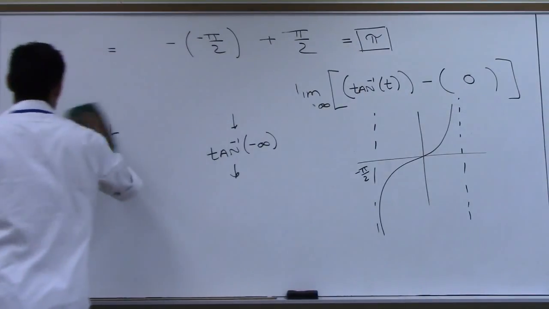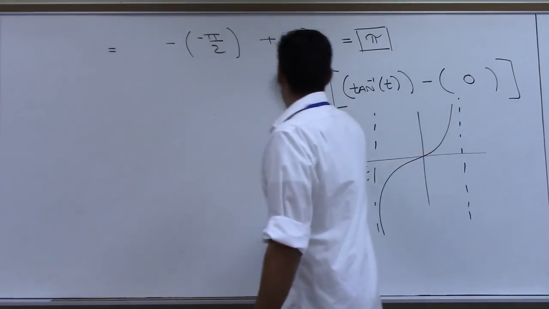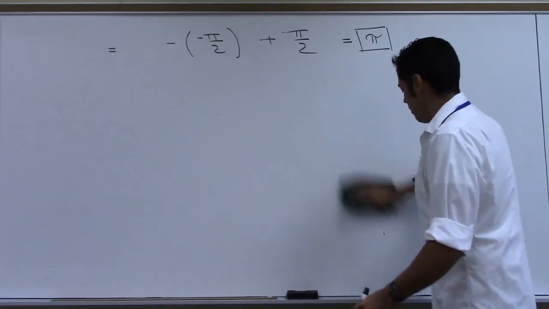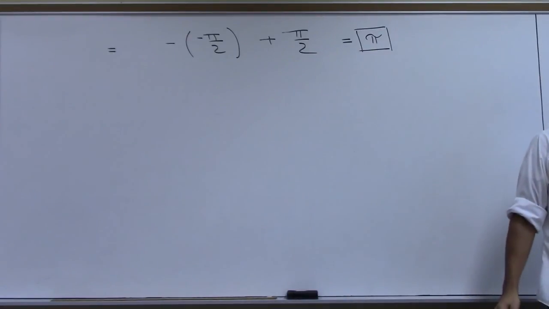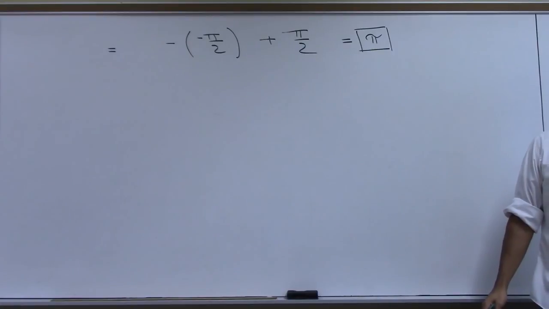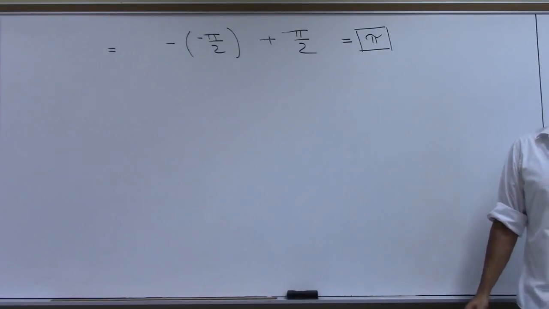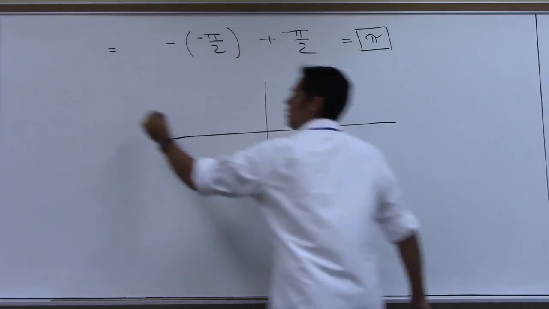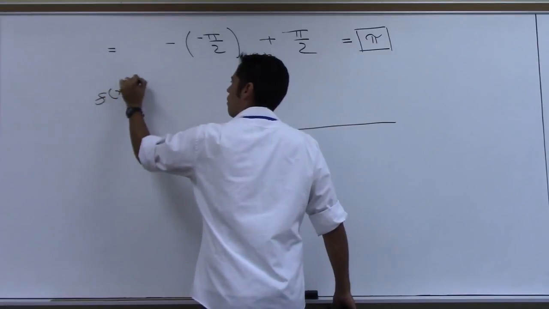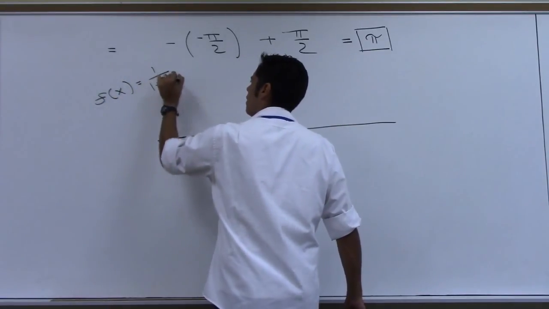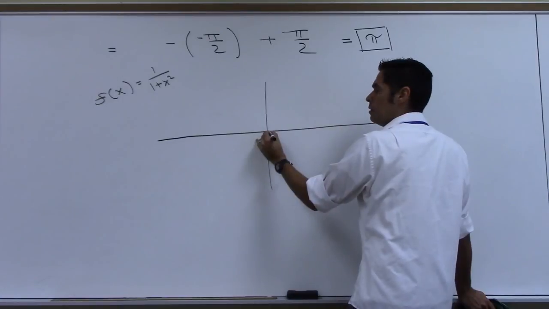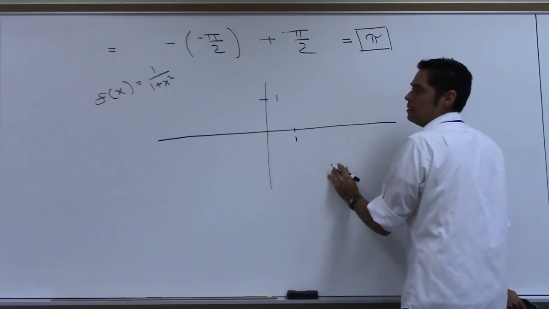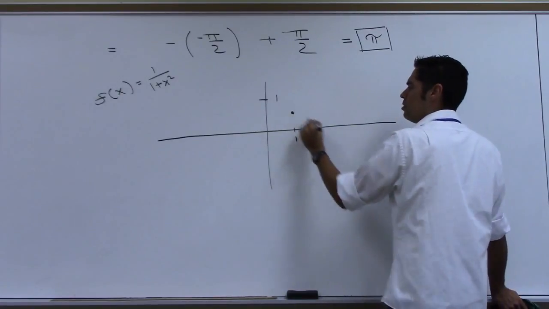Let me kind of recap what this problem is saying. If you were to graph 1 over 1 plus x squared, it would look like this. This is the graph of 1 over 1 plus x squared. What's the value of this function at 0? 1. And if you plug in 1, what do you get? 1/2. And if you plug in 2, what do you get?